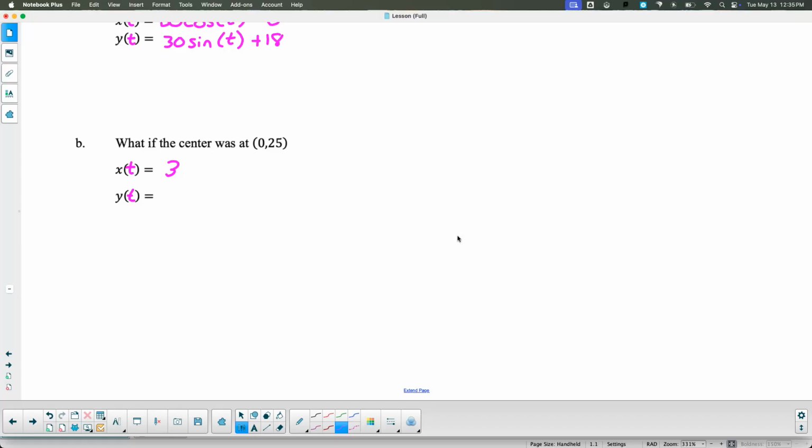Anything added or subtracted? y of t is 30 sine of t. Plus 25. Yep. Okay. All right.